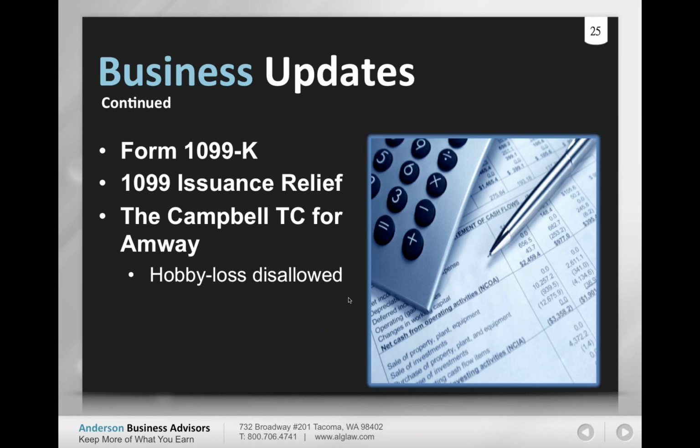So we're not going to worry about the 1099s that are issued. And also one other case that I had pointed out is the Campbell case. Campbell operated a business that he thought was basically for profit and thought he had the proper profit motive.